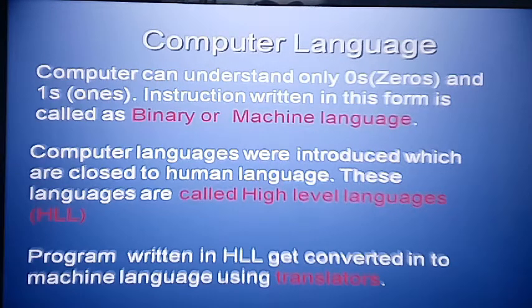Programs written in high level language get converted into the machine language with the help of a translator. It means a translator is always used to convert the high level language code into the machine level language code, right? What is the translator? It means the translation of codes.